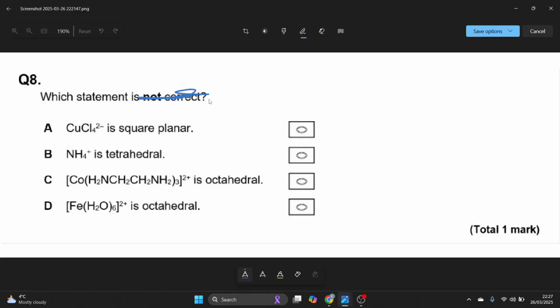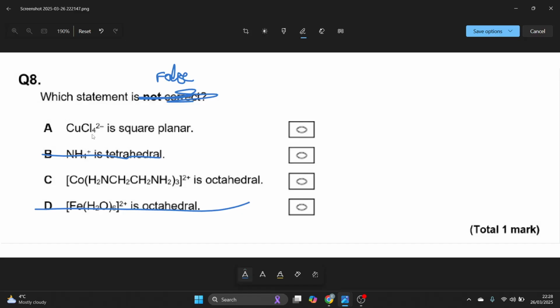Question 8, which statement is not correct? Again, I don't like this, so I'd say which statement is false. CuCl4 2 minus is square planar. Well, let's look at the other ones. That is definitely octahedral. That is tetrahedral.